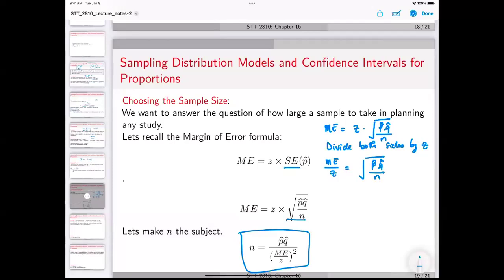What should I do next? Any idea? I want to take away the square root. What should I do? Square both sides. Is that okay?